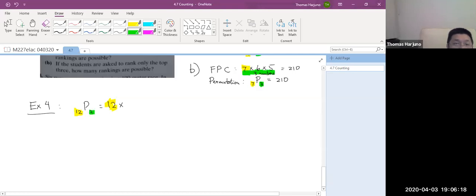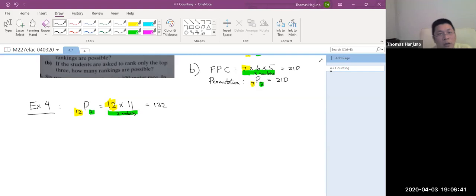So I need to multiply 12 by 11, and that's it, because I just need 2 numbers here, which is equal to 132. Yes, of course, you can still use a calculator, but in my opinion, because the number is small enough, if you can do it mentally, go ahead.